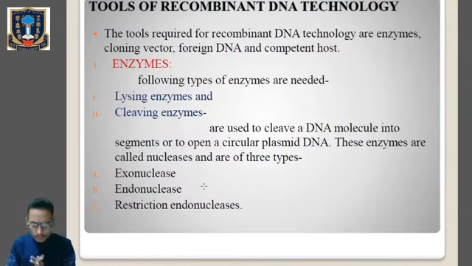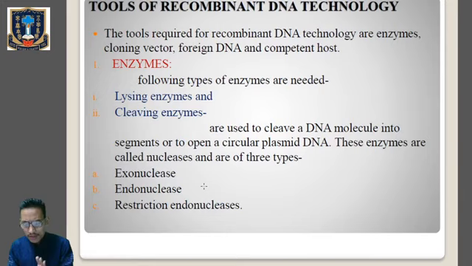Now we will talk about the tools of recombinant DNA technology. Clear? So kindly go through the discovery of recombinant DNA technology from the textbook, page number 580, and the diagram figure number 11.1 is on page number 581.